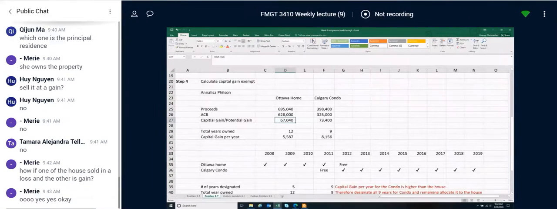So again, they tell you she sold the Ottawa home for $724, but they tell you there are real estate fees of 4% on the sale price. If you think about this for a second, that real estate fee in effect is a selling cost. So there's two ways you could present this.